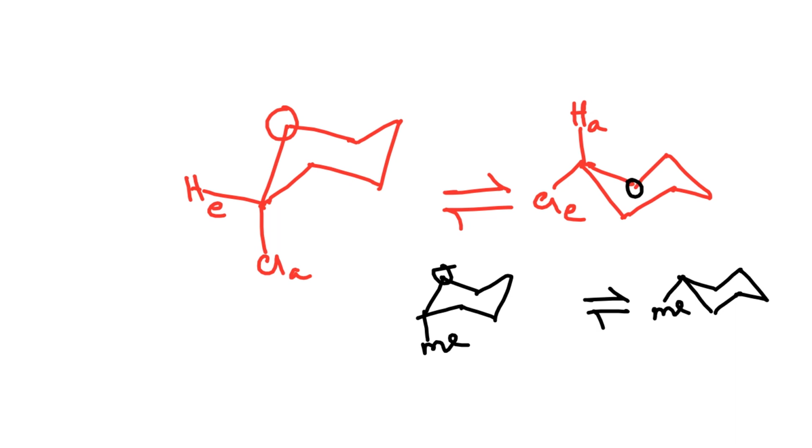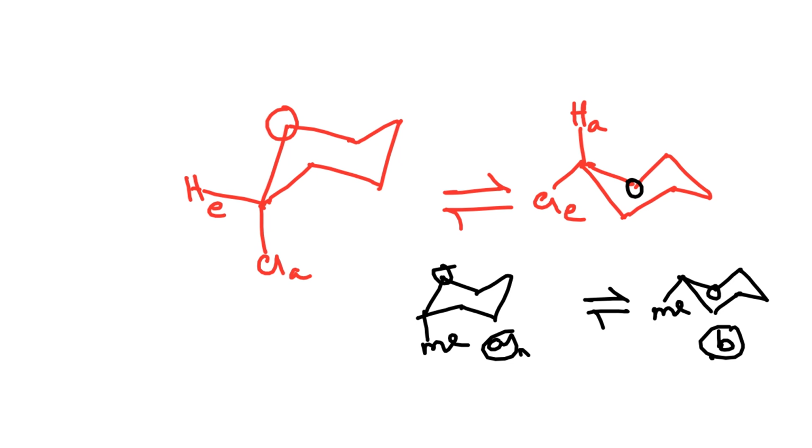Okay, so this is oxygen, this is oxygen. So if you compare A and B, which one is more stable? Between A and B, which one is more stable? Can you tell? Very easy, right? Okay, so B is more stable.